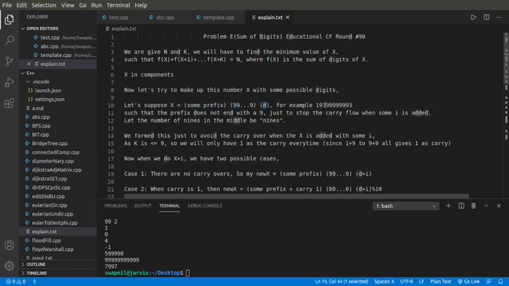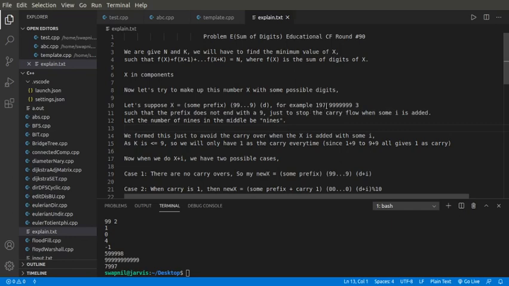For example, 197 is my prefix, and these are some amount of 9s in the middle, and 3 is the last digit. Okay, so I have supposed this as my x such that the prefix does not end with 9.